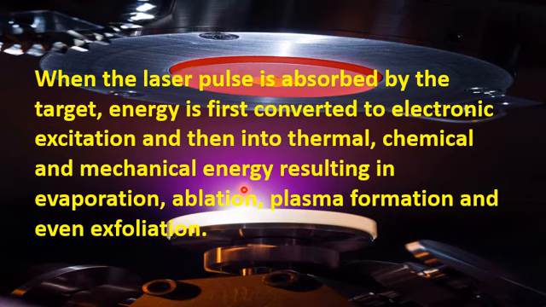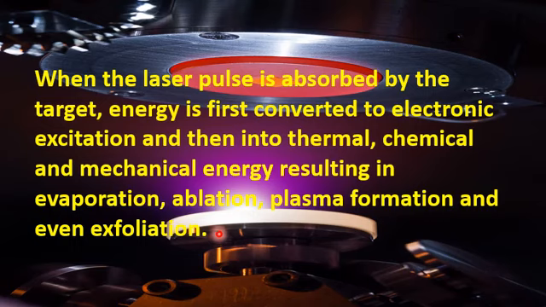Due to these energies, they cause the evaporation, ablation and plasma formation of the source material, and in this way the source material is transported onto the surface of the substrate for deposition.